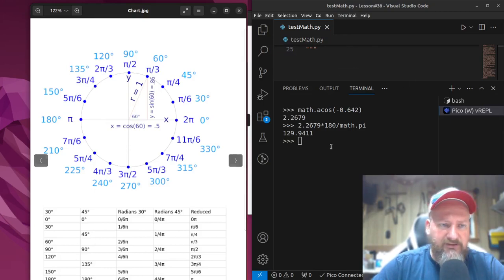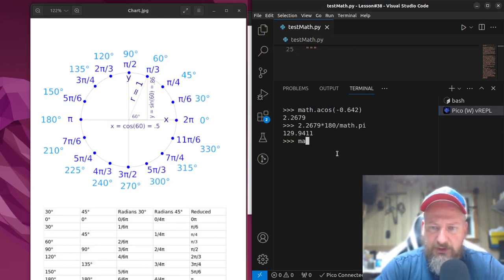Well, let's do an example here and determine our tangent. Let's see, did I have one here on my notes? Yes, I actually did. We're going to do math.cosine. Oh, no, sine, because that's our y.